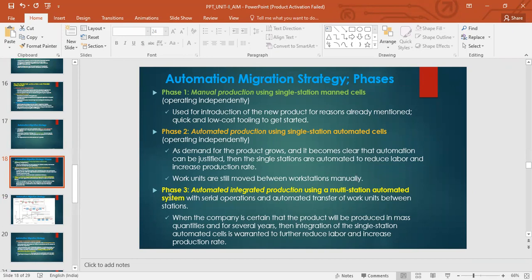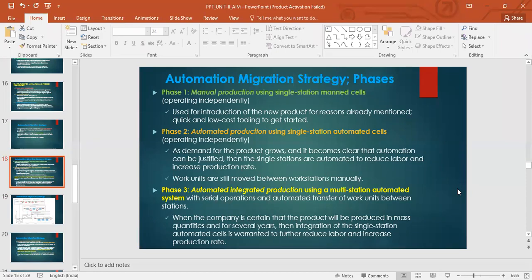When it comes to phase 3, that is what we are calling automated integrated production using a multi-station automated system. We are calling it multi-station because now those stations are linked with each other. It has serial operations and automated transfer of work units between stations.